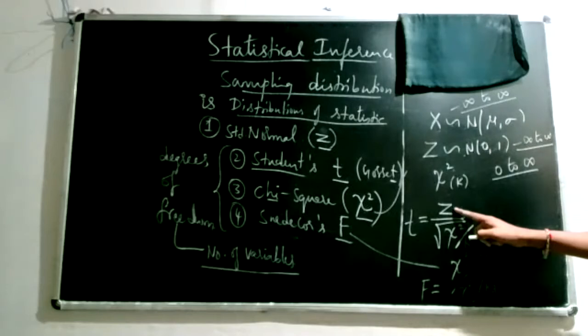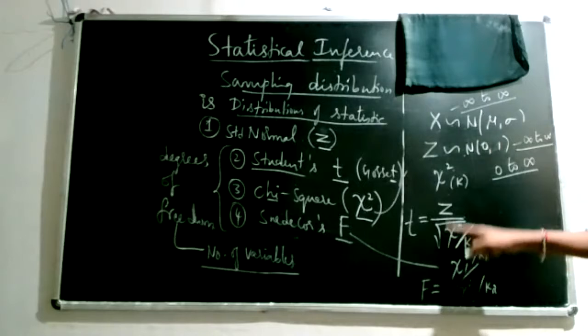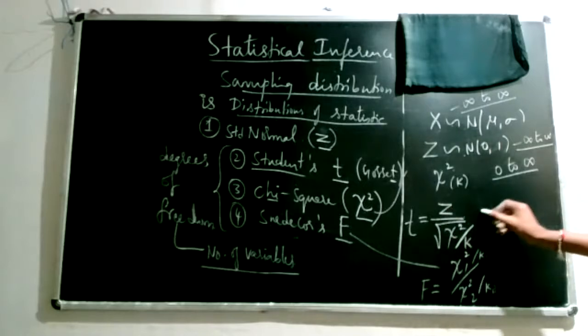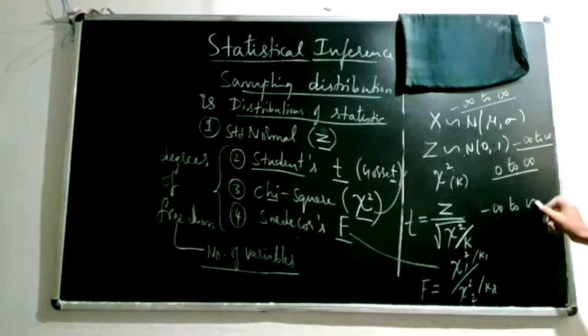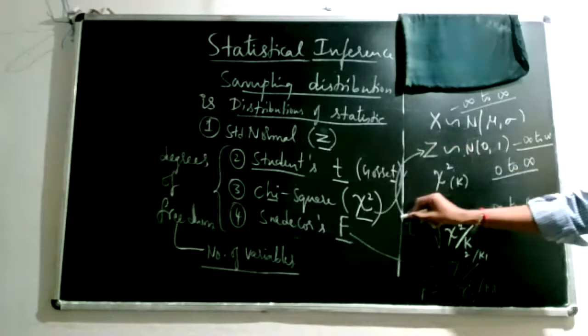In the next case, if you have a z and your chi-square is positive, the root of a positive quantity is also positive, but z is both positive and negative. Positive and negative divided by positive always leads to positive and negative. So your t has a range similar to normal. So this t and z are very closely associated.